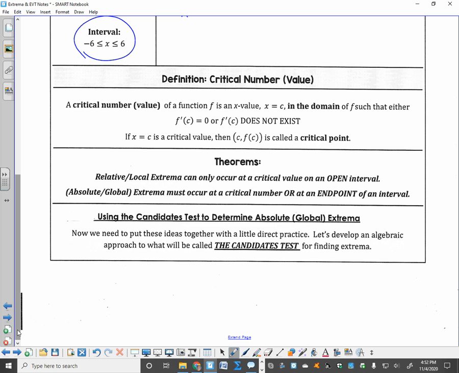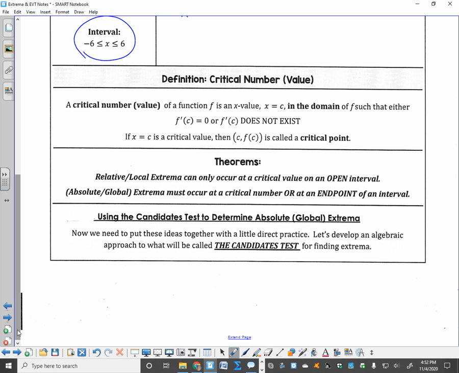If x equals c is a critical value, then c, comma, f of c is the critical point. So the critical value is the x value, and then x comma y, using that x value, is the critical point. So a theorem: relative or local extrema can only occur at a critical value on an open interval.